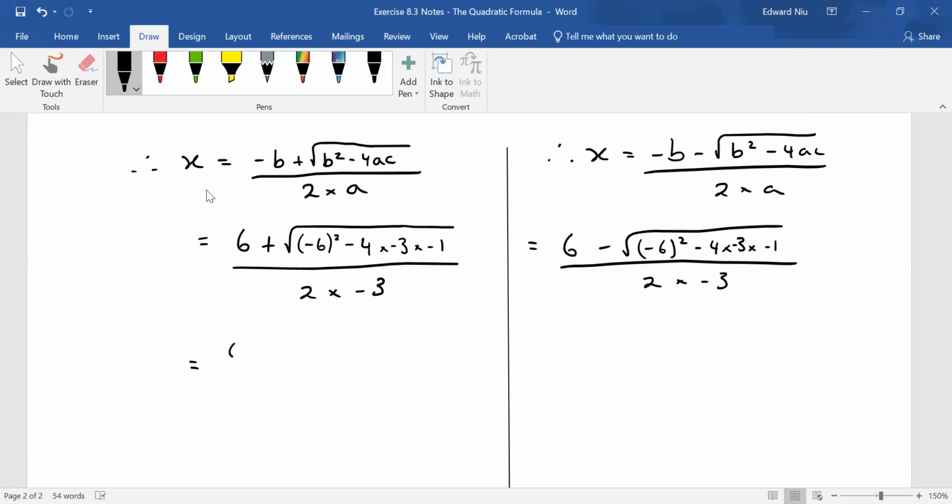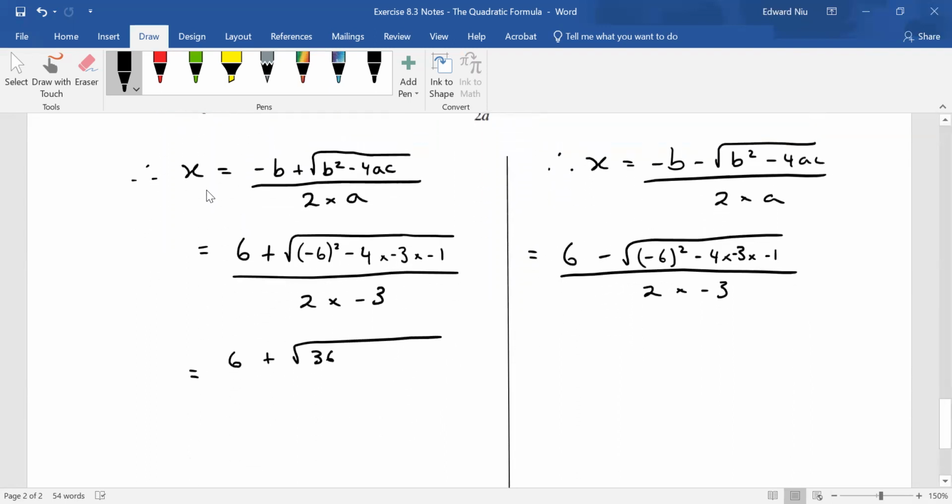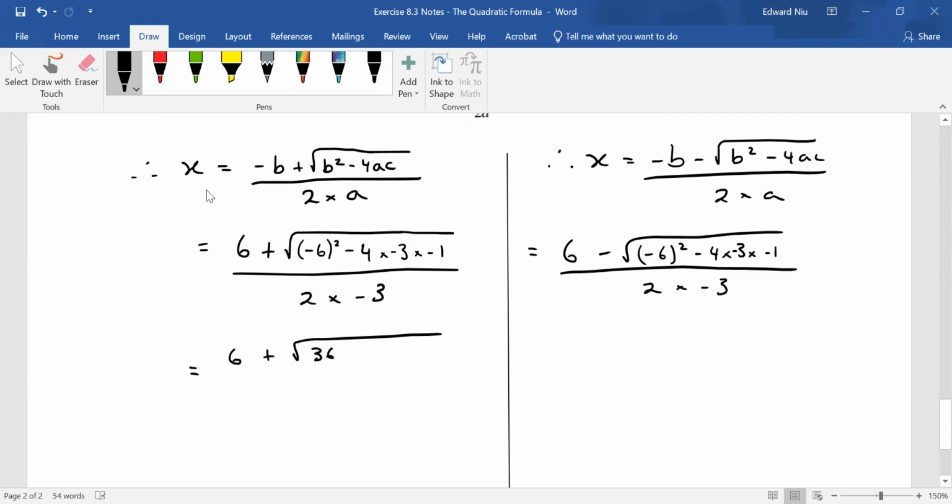So we have 6 plus square root, negative 6 squared is 36. Negative 4 times negative 3 gets us positive 12. Yep, our constant is negative 1, just double checking. So positive 12 times negative 1 gets us negative 12. Okay, and then down below, 2 times negative 3 gets us a negative 6.